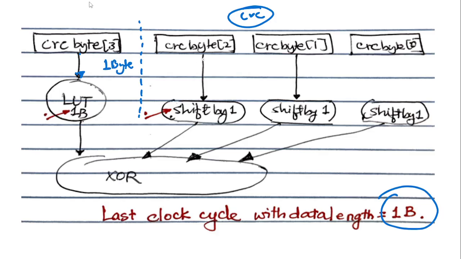But the lower bytes will not even reach the top, the MSB position I told you about at the beginning, which is the LFSR's topmost position. If you don't reach that, then you just left shift, by however many bytes there are.